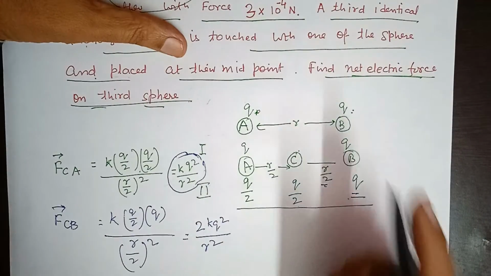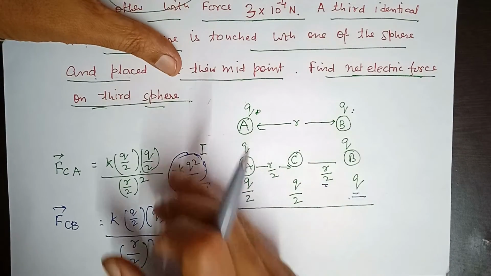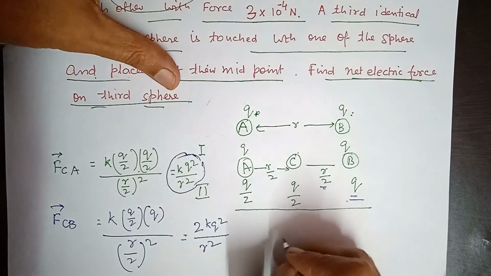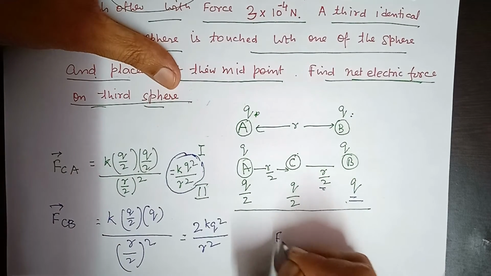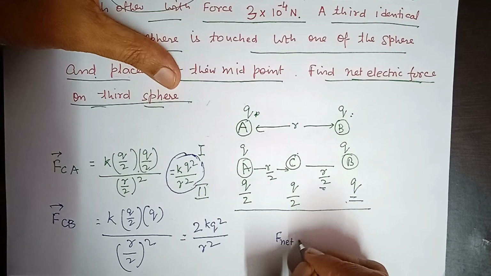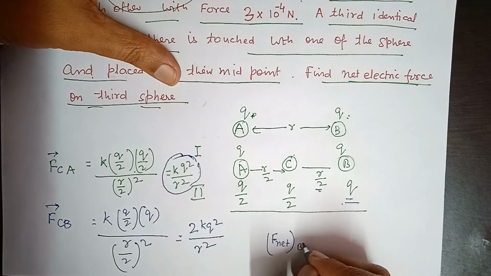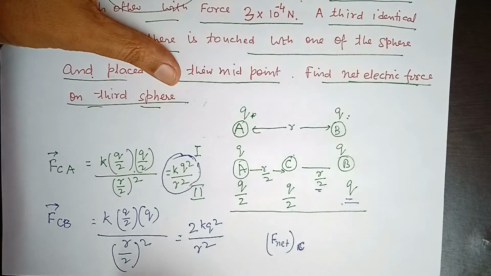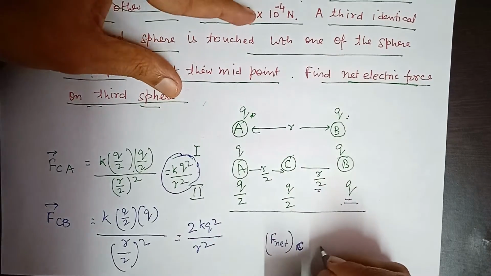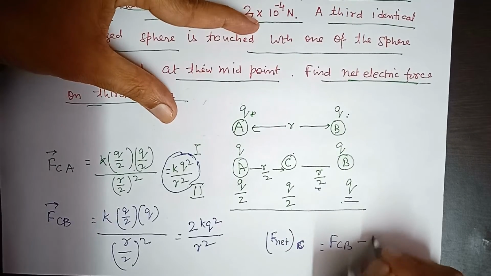Now the net force on C will be the net effect of these two forces. Net force on C will be equal to FCB minus FCA.